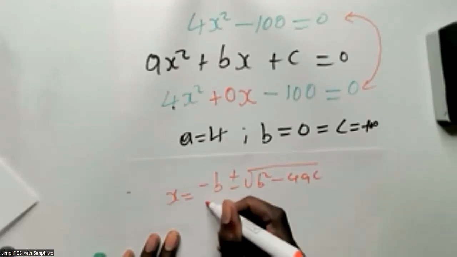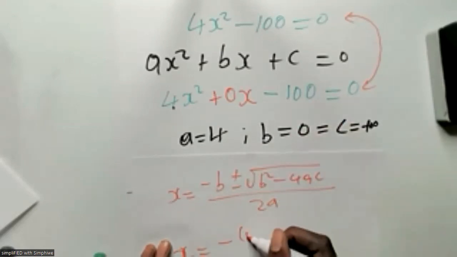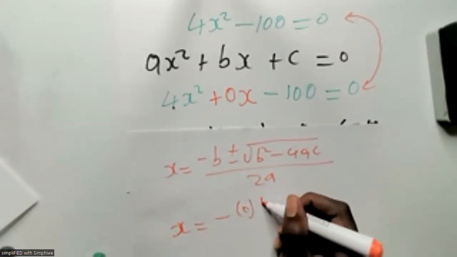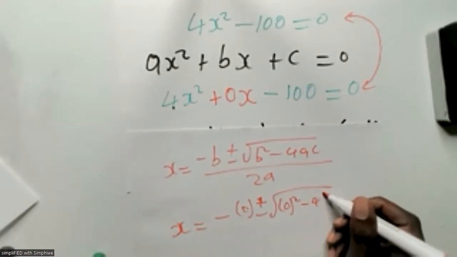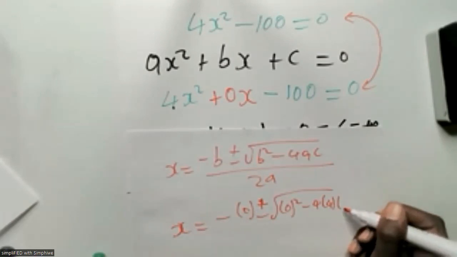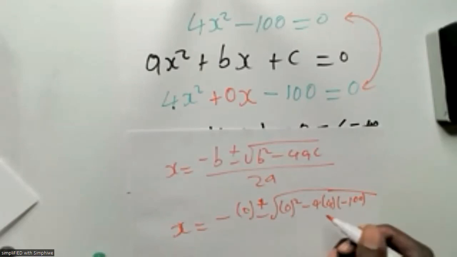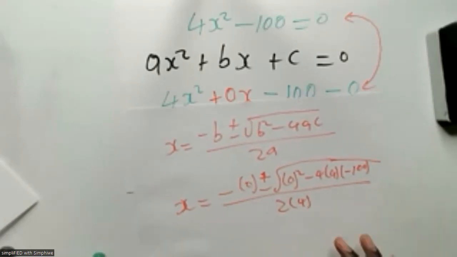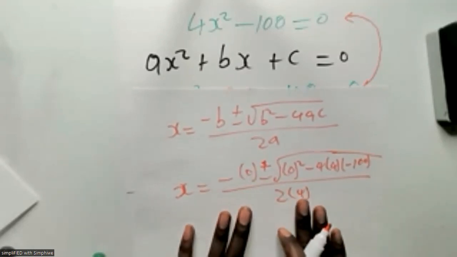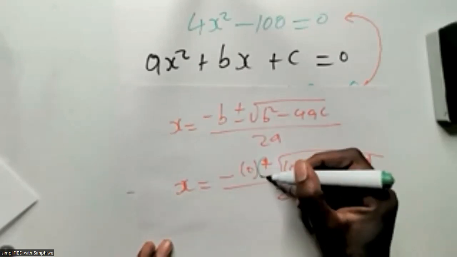So here we're going to have x is equal to minus b plus or minus the square root of b squared minus 4ac over 2a. x is equal to minus, my b is 0, I put 0 where there's b, plus or minus the square root of 0 squared minus 4, a is 4, c is minus 100, all over 2, a is 4.